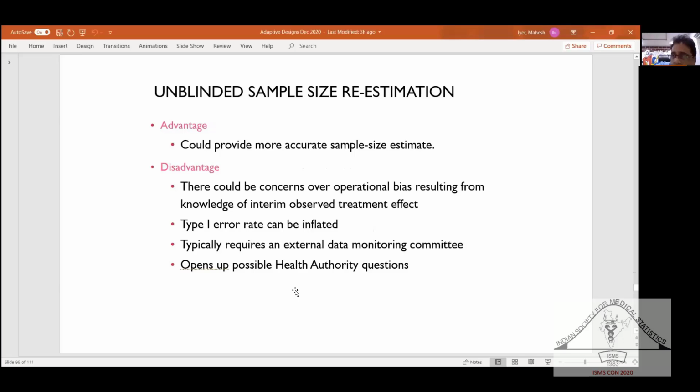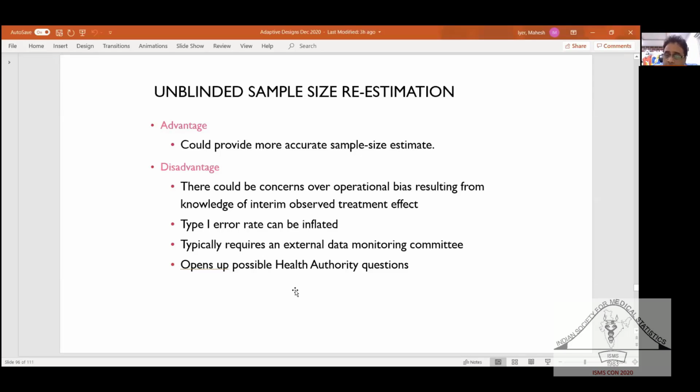For example, when you look at the data and then increase your sample size, everybody will know that the data is not as you expected it to be at the beginning, correct? Which is the reason you're increasing the sample size. So that could result in operational biases, and that cannot be solved by this.